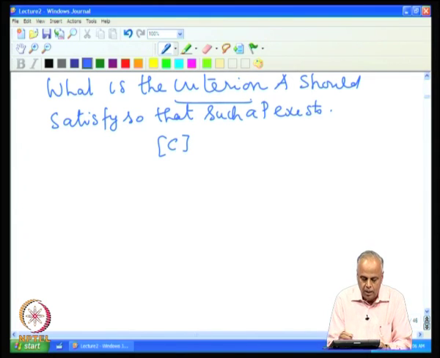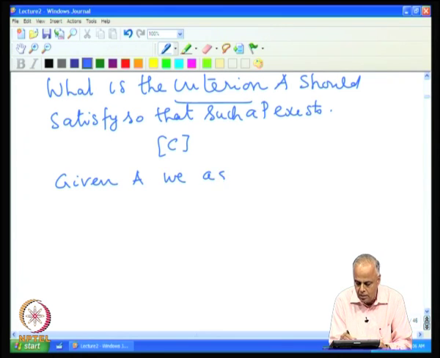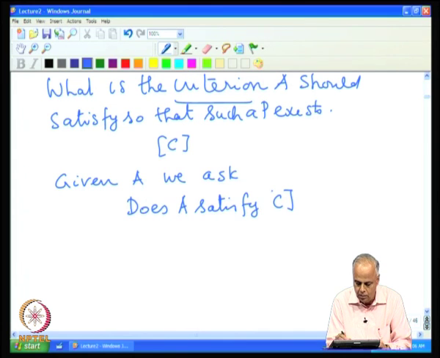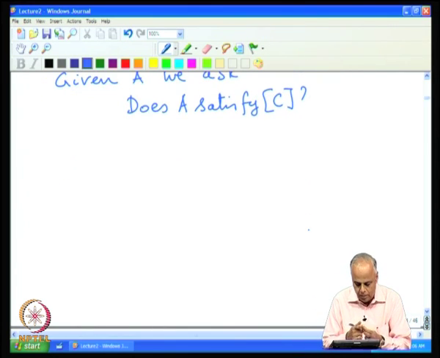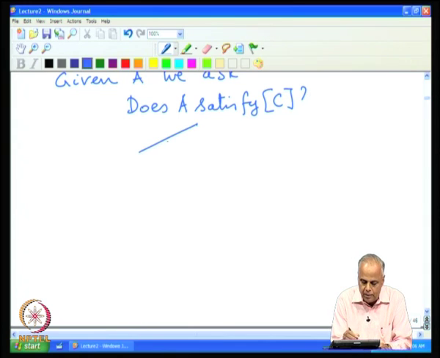Then given A, we ask, does A satisfy C? As before, we are led to two possible answers, yes and no.